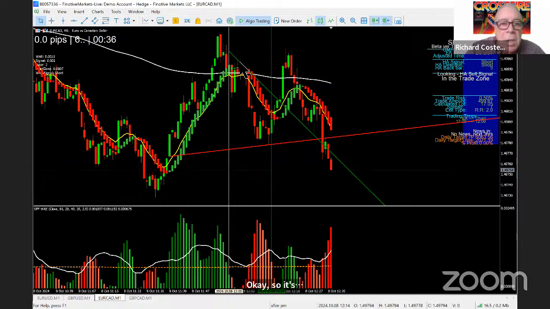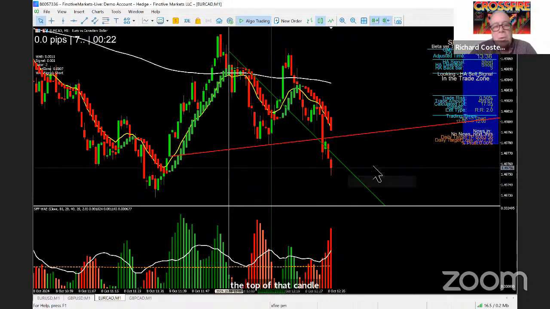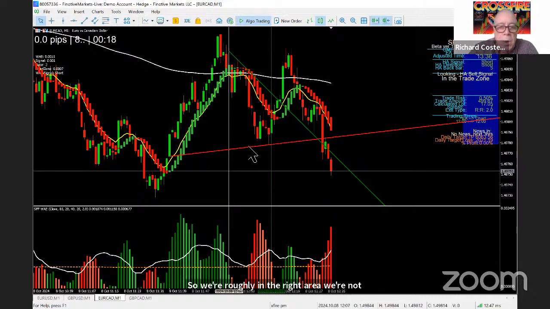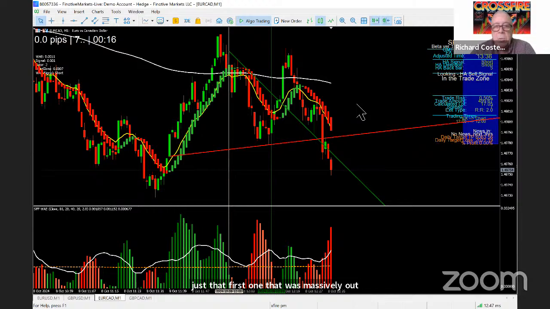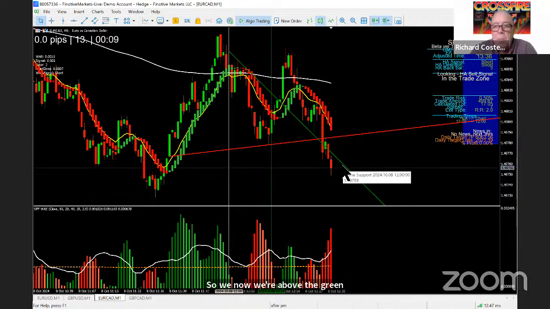The green trend line has started itself on that candle, but again, if it had done it correctly, it would have done it from the top of that candle. So we're roughly in the right area. It's just that first one that was massively out, and the low point looks good. Okay, so we can trust those. So we're above the green trend line, so we're looking for.